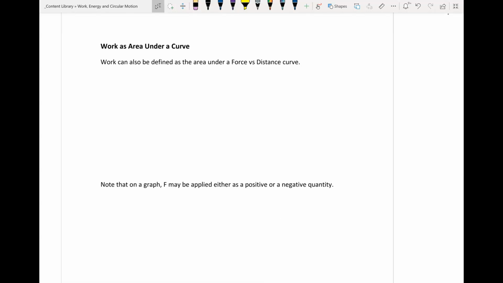Our last part for work is finding work as an area underneath a curve. And we can do that under a force versus distance curve. So I'm going to draw an example here on the side, and I need you to copy this down.